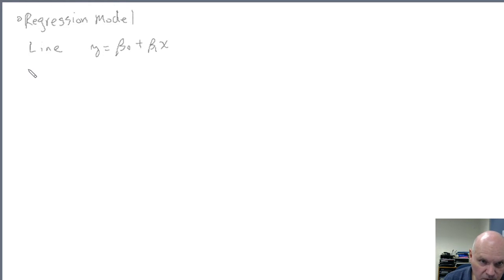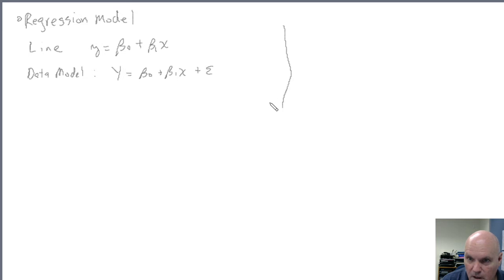So our data model is that we can represent any of our y values as beta 0 plus beta 1 x, plus a deviation from our regression line, and we'll let that deviation be epsilon.